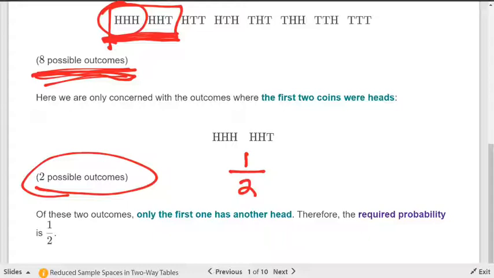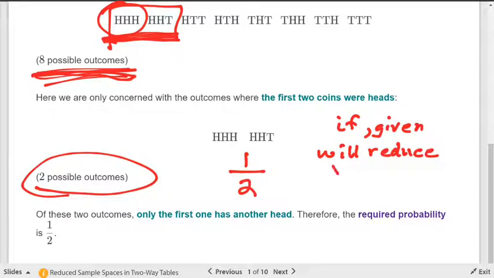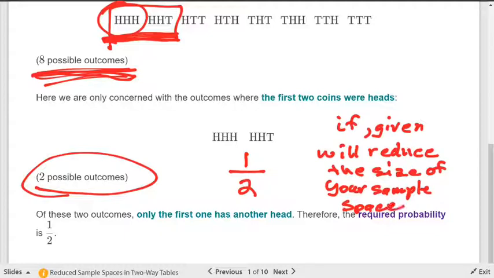So if, given, will reduce the size of your sample space. So say you were looking at students at Queen Margaret, right?